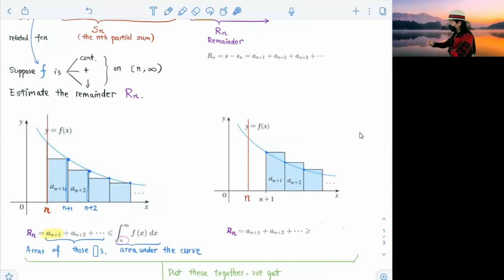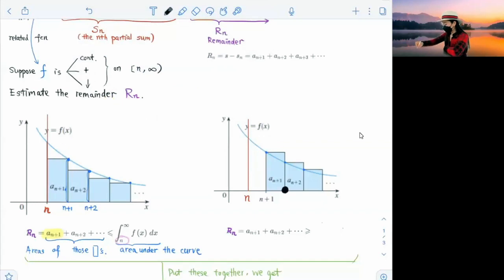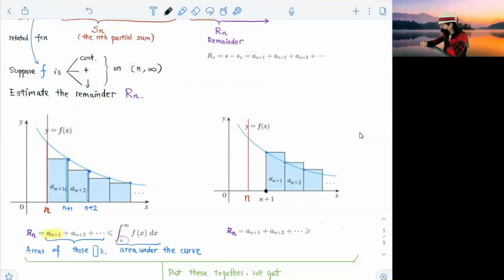What about this time? I'm going to use the left-hand form. So the index here is n plus 1, and here is n plus 2. Then the height of this is going to be, what is this?